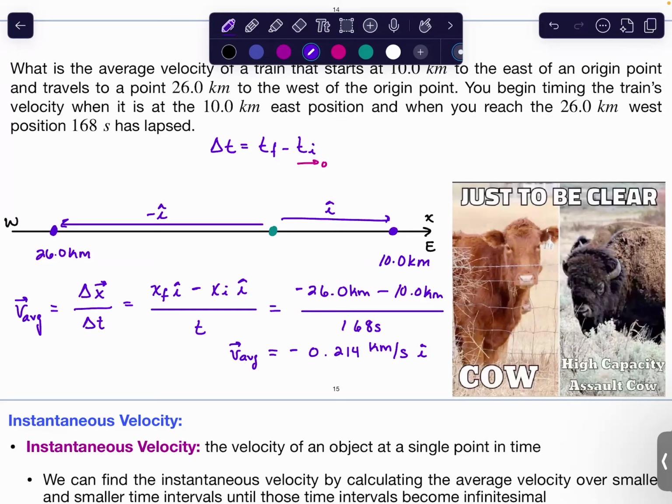Some problems may ask for the magnitude, some may ask for the vector, but we do this analysis to make sure you know that the velocity is going towards the west. And then you would want to change this. So kilometers per second is what in meters per second? 214. So if you were to do the magnitude, it'd be 214 meters per second.